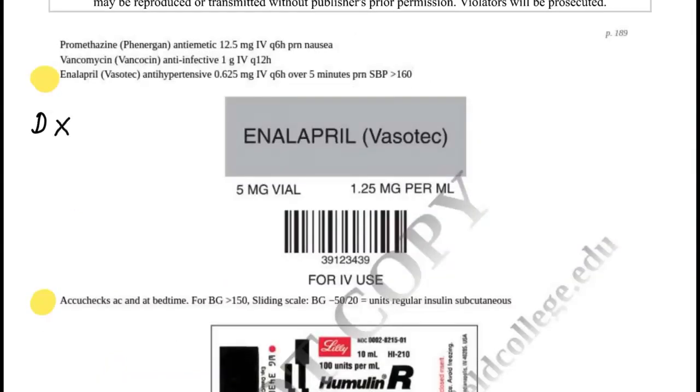Now let's solve for this order. So we have enalapril or Vasotec. The order is 0.625 milligrams IV. I write the formula, so 0.625 times 1 ml, which is the supply, and then 1.25 milligrams would be your have.